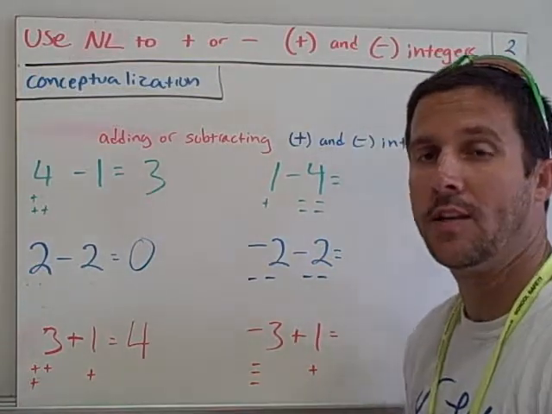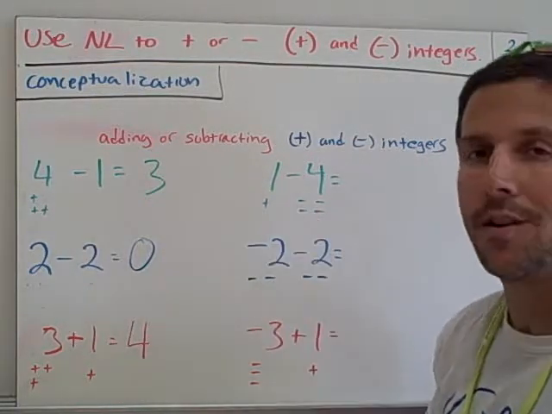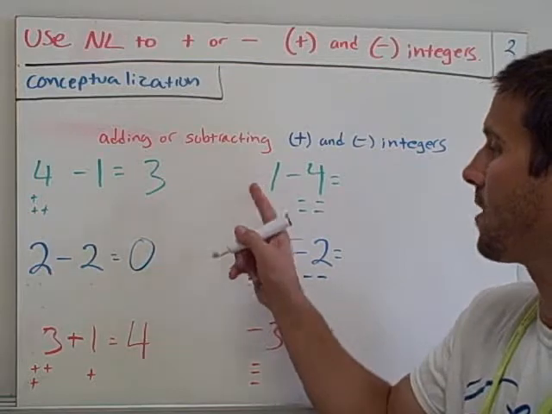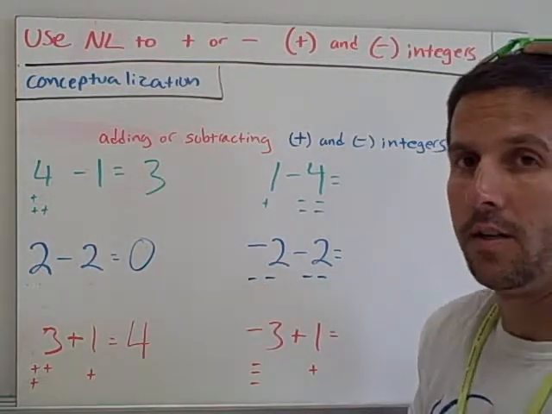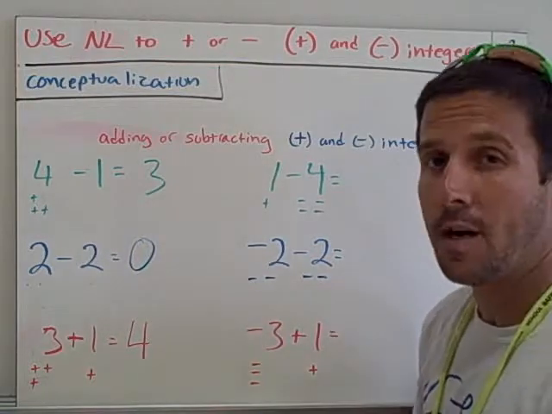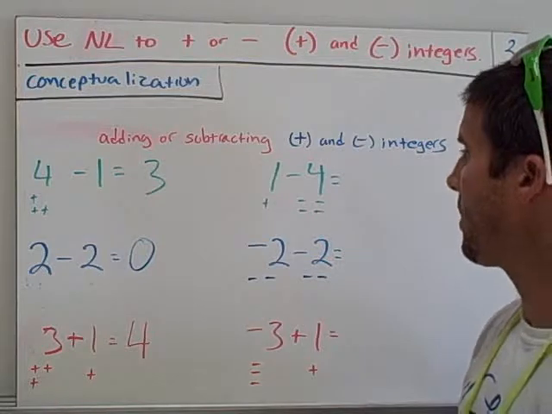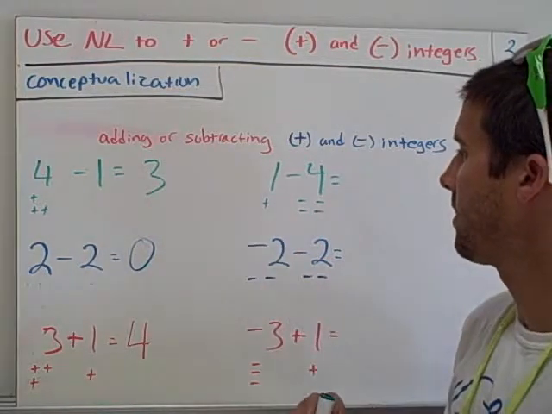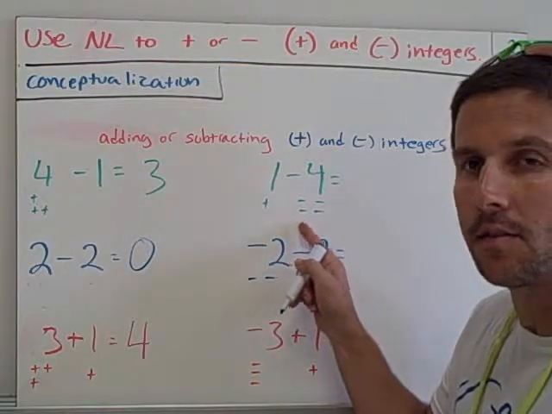Now we start to get into a new concept where we subtract numbers that are bigger than the first number. Okay? Here we go. It's easy, but we're going to use the number line to figure this out. I just want to help you visualize it. Here we have a positive 1. Here we have 4 negatives.